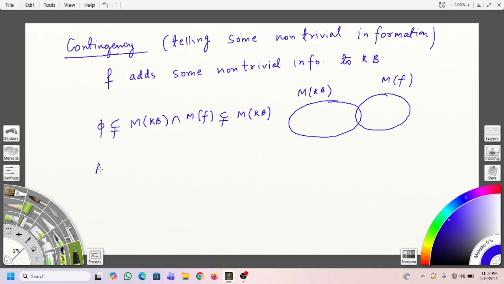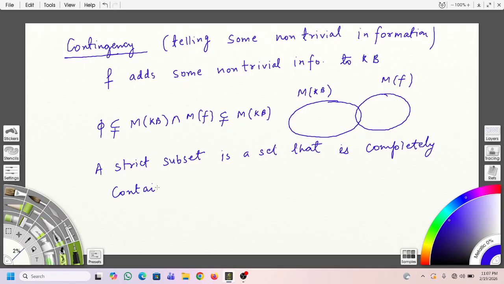Now what are strict subsets? A strict subset is a set that is completely contained inside another set, but not equal to it.